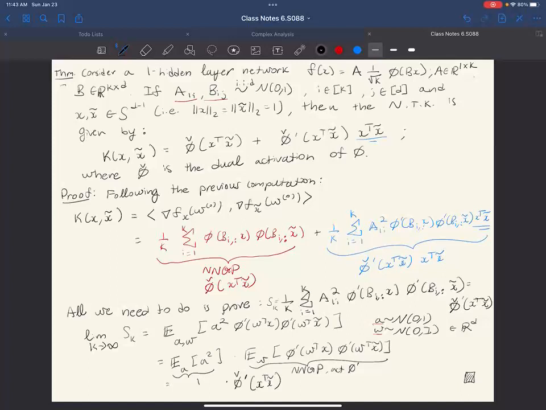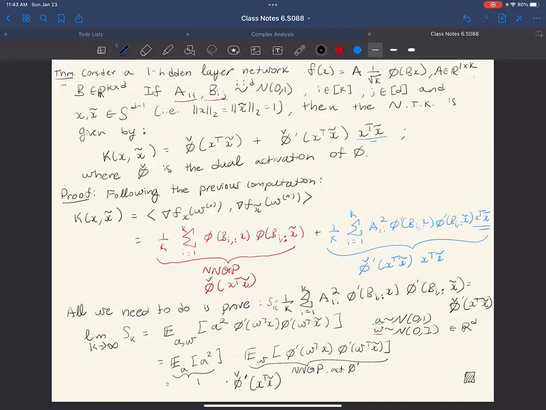And so all we need to know to compute the NTK of a fully connected network is just the dual activation. If we know the dual, we can take the appropriate derivatives and just write the NTK. So there's no extra information really that's needed to compute the NTK if you already know the neural network Gaussian process. And this actually is kind of a remarkable fact.